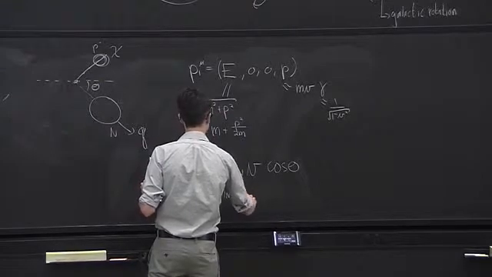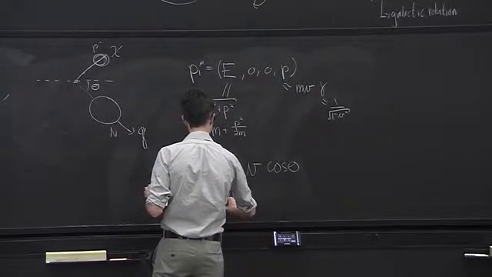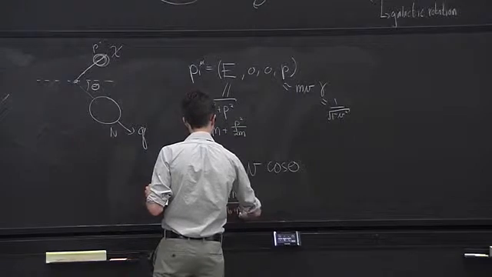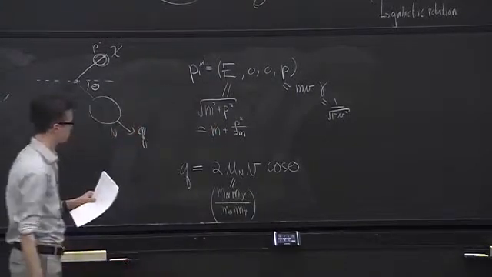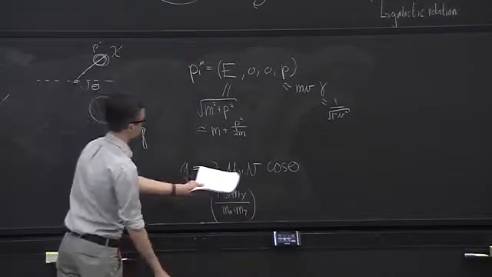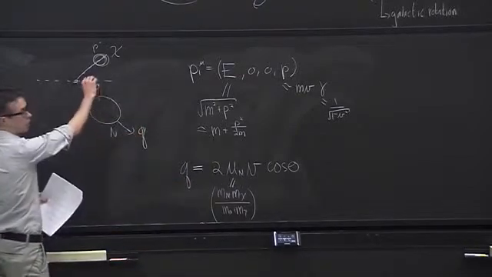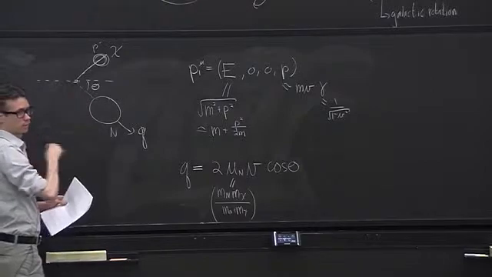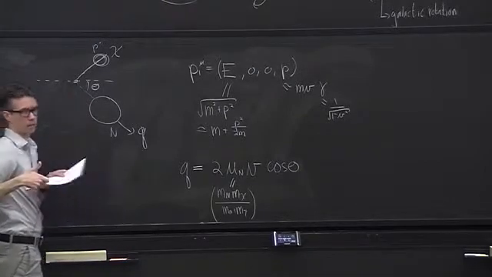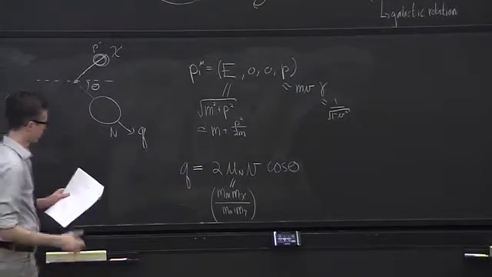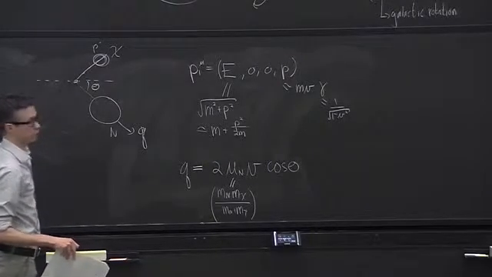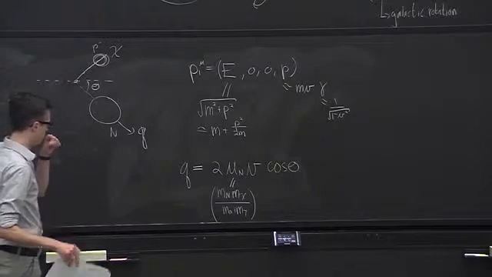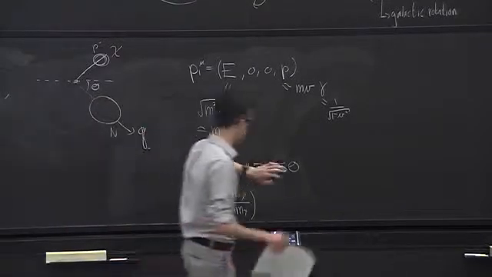It's m_n m_chi over m_n plus m_chi. And this angle theta lies between 0 and pi over 2, because my nucleus can't recoil backwards if the dark matter is coming in forwards. So this q corresponds to the amount of momentum transferred to the nucleus. And this is the thing we're going to go look for in our detector.